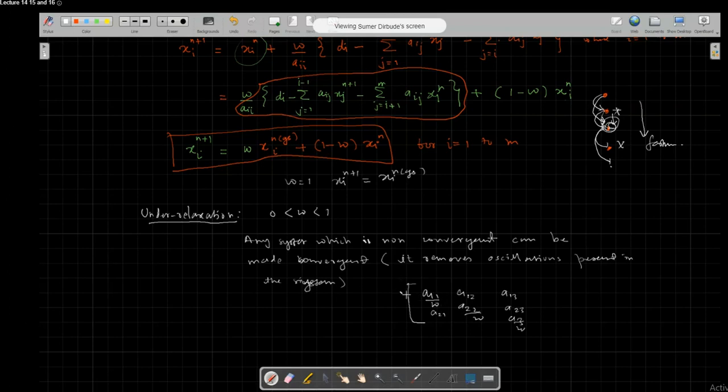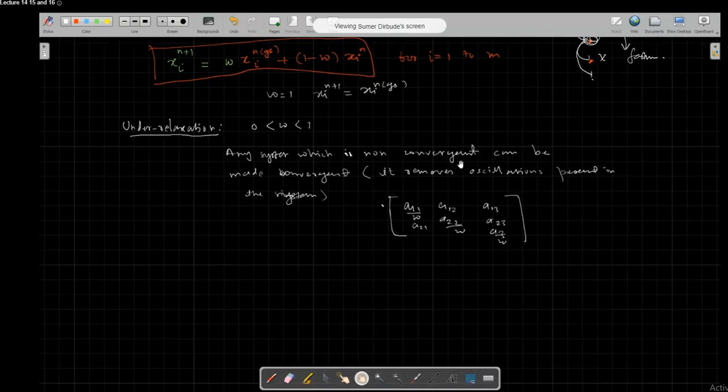So if the previous system where A11 was not diagonally dominant, by taking omega small, you can make that system diagonally dominant.